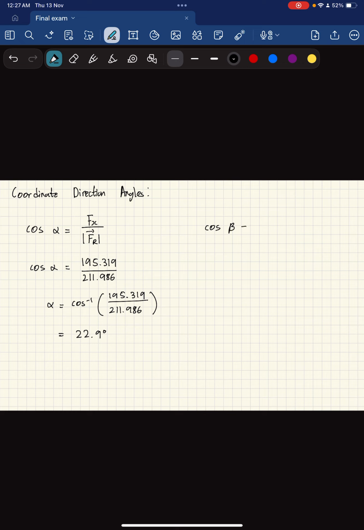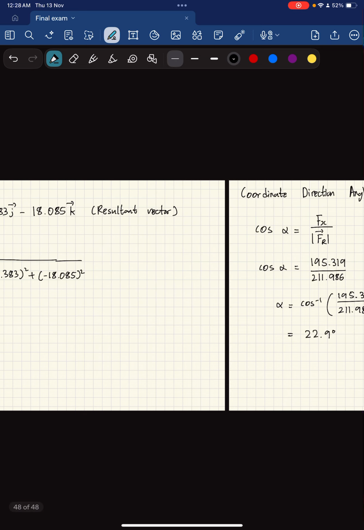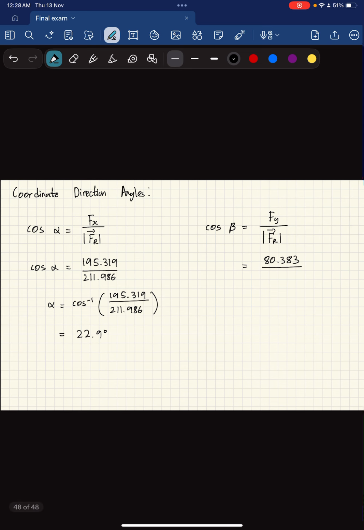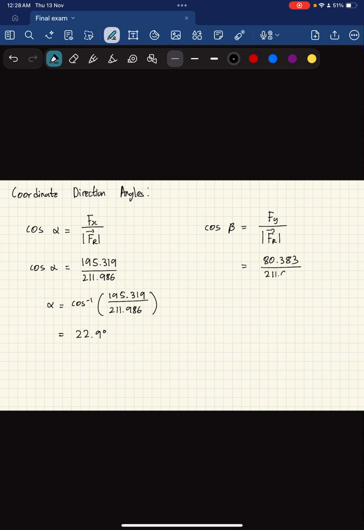Cosine beta, same thing, but instead it is your Fy component over the resultant Fr itself. So it's 80.383 over 211.986. That's your cosine beta.